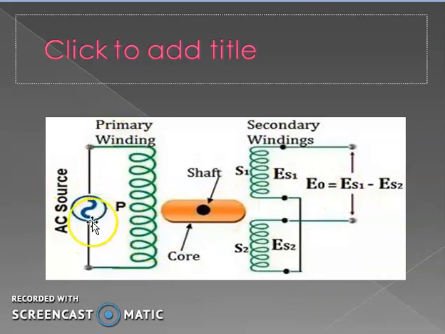When the AC source is excited, voltage is induced across the secondary windings due to mutual inductance. The induced EMF across S1 is ES1, the induced EMF across S2 is ES2, and the total output voltage E0 is equal to ES1 minus ES2.